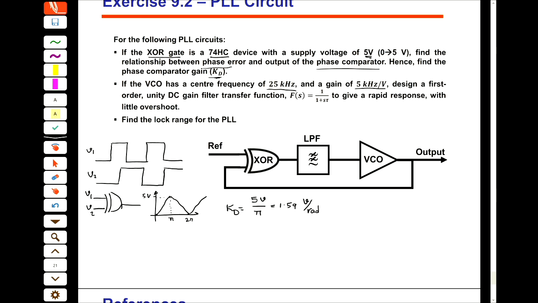First, design a low pass filter which gives a rapid response with little overshoot, meaning zeta equal to 0.7.